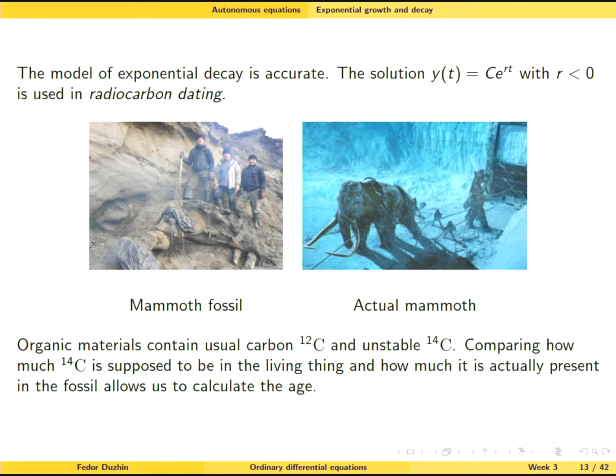And comparing how much of it is actually present with how much would be present if the tissue were alive, we can calculate the age of the tissue. I mean, the time when it was separated from a living organism or when the organism died.